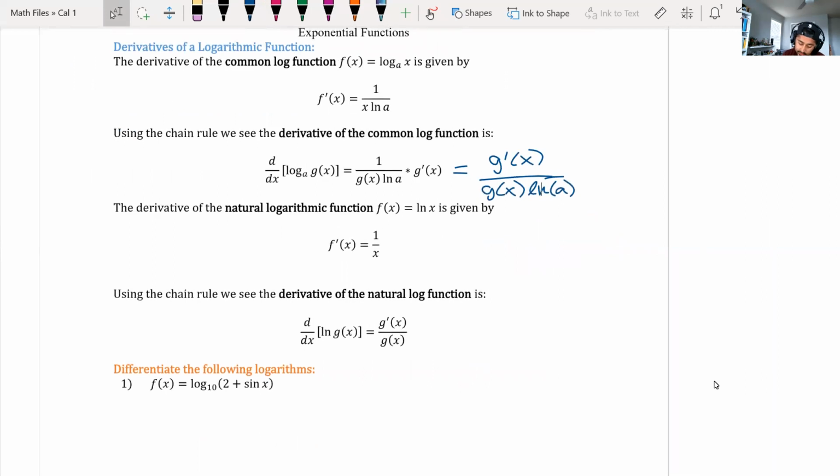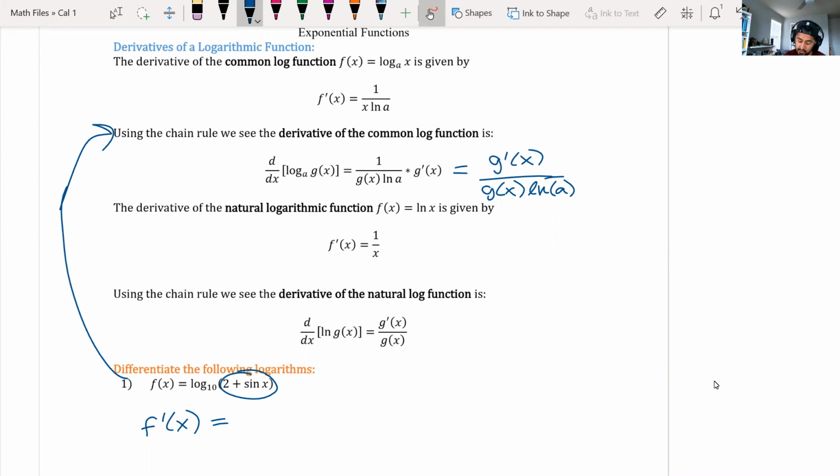Number one, we have f of x equals log base 10 of 2 plus the sine of x. This is going to use the chain rule derivative for the common log function. So what is the derivative of the inside? What's the derivative of 2 plus sine x?